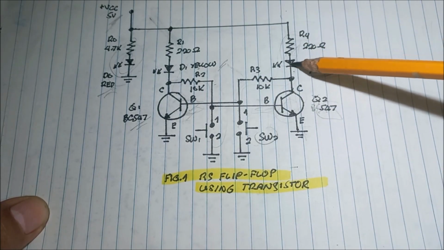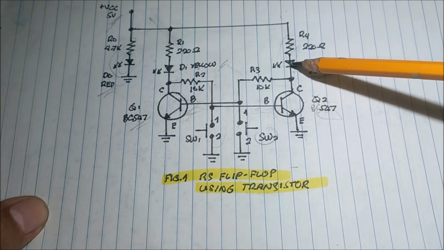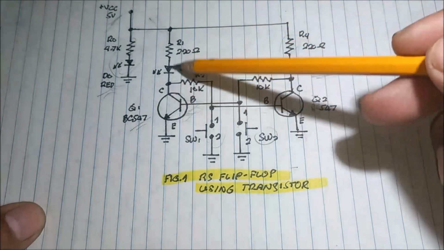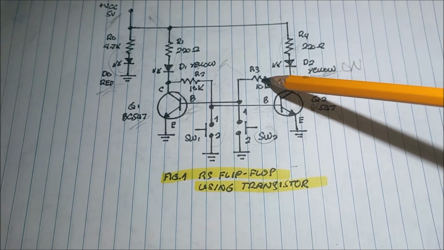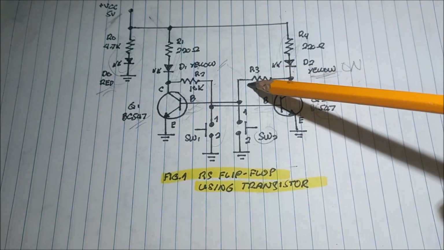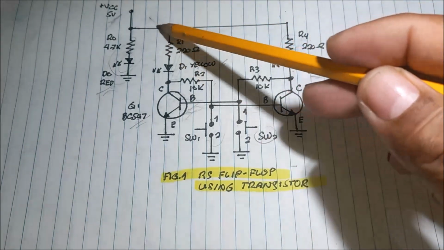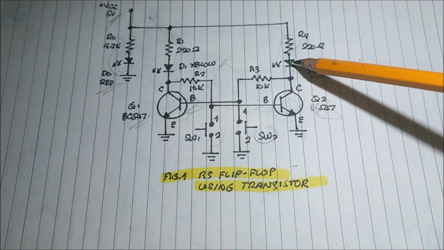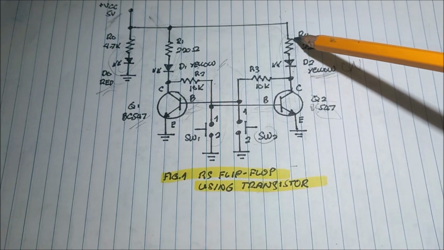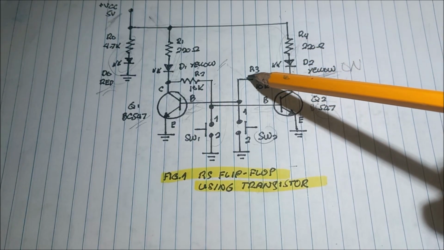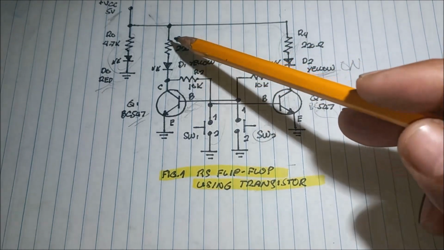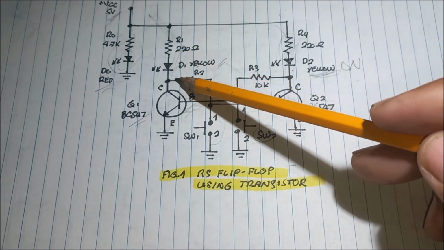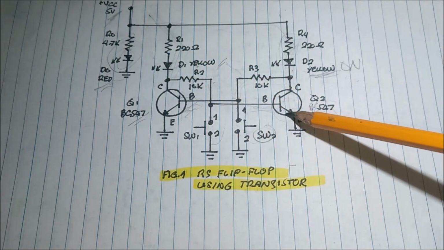this LED is the one to turn on first, because it has less resistance compared to R1, this R4, and maybe this R3, less resistance. So current flows from D2, yellow, which will not turn on, and then current flows here that will switch on this transistor.